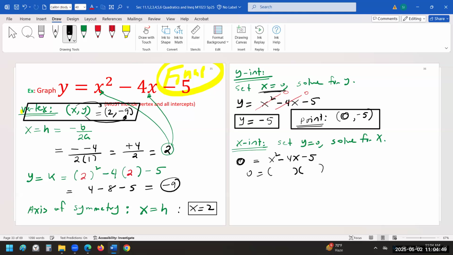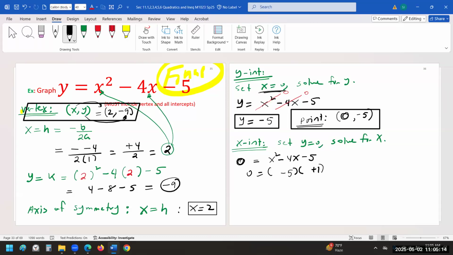Which two numbers multiply to negative 5 and combine to negative 4? Negative 4 and? Wait, 4 times 1 is not going to give you 5. It has to be negative 5. Negative 5 and positive 1.